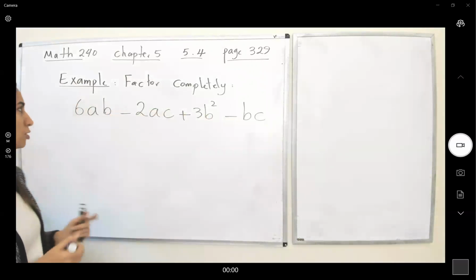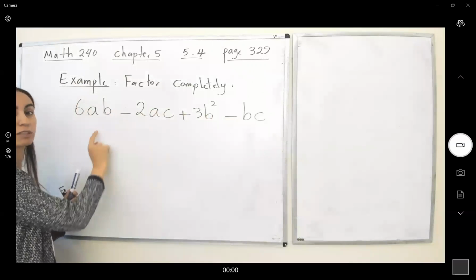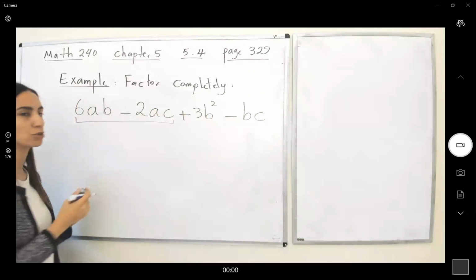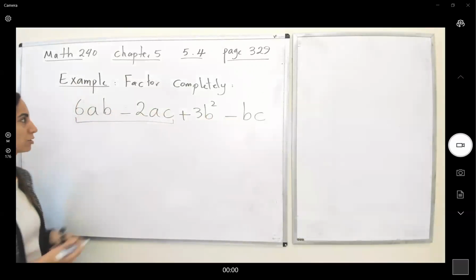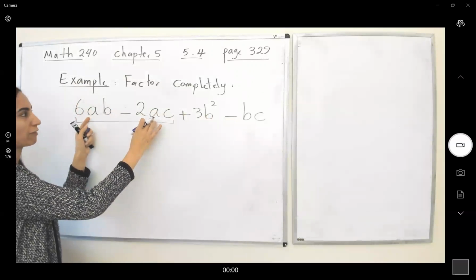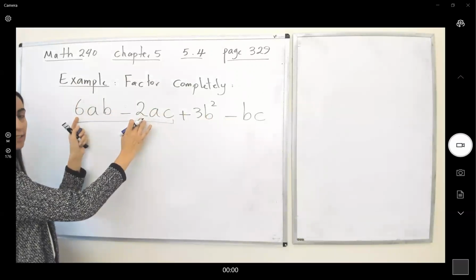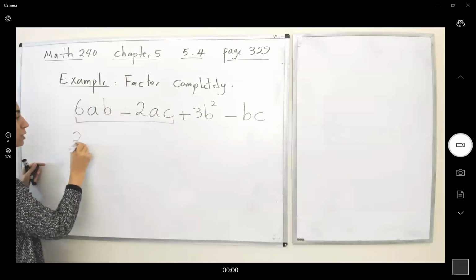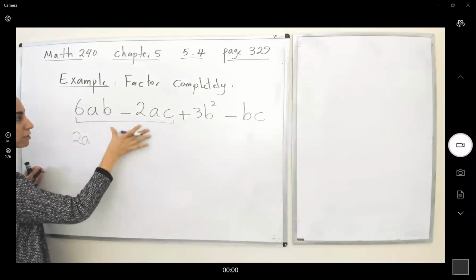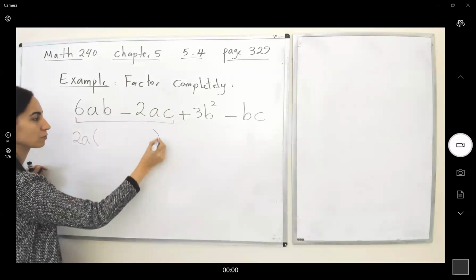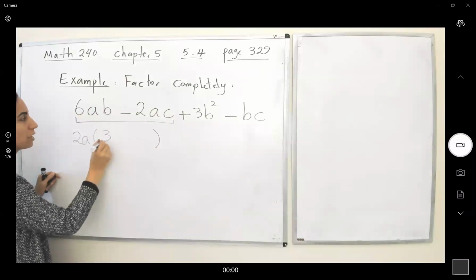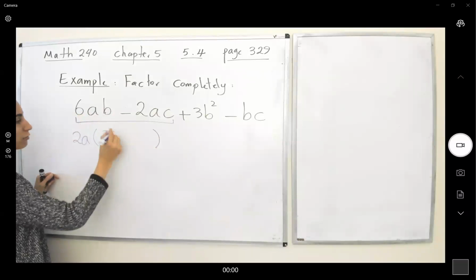There we go. You might say, hey, I want to work with the first 2 addends. Between these 2, what is the common factor? Of course, a is the common factor. Look at 2 and 6. 6 is 2 times 3. So 2a is going to be the greatest common factor between these 2. Well, 6 divided by 3 is 3. I took out 2a, I'm left with 3b.